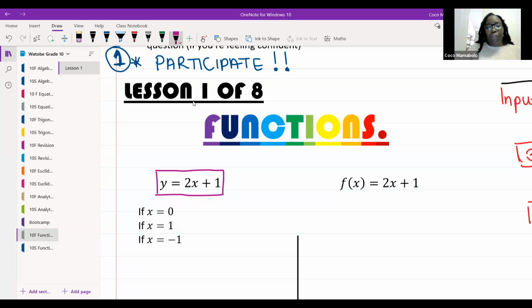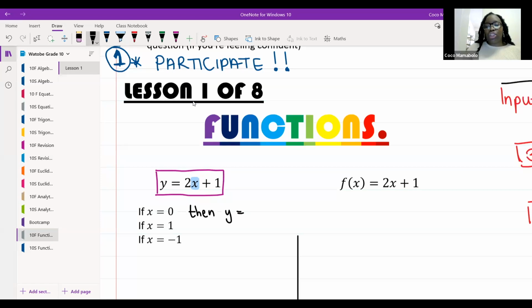We know that if we put in some value of x, a y value will come out. So I'm going to ask you guys, if my x is equal to 0, what is my y going to be? If I go into this formula and I replace x with 0, what will my y value be? Gabriel, you rock star. Mawande, excellent.